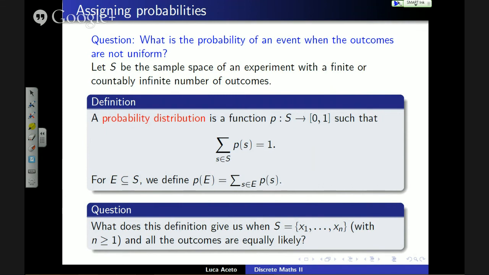If all of the outcomes are a finite number and they are equally likely, then in order for their probabilities to sum to 1, all of them must have the same probability, so it has to be 1/n if you have n outcomes. That's exactly the definition that you knew before.